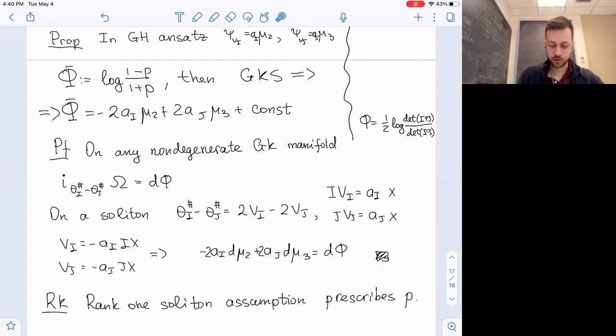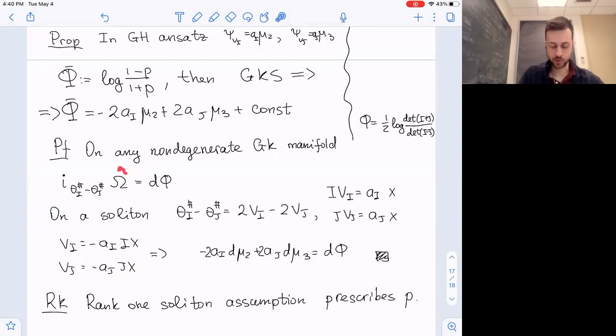On rank 1 soliton, that's our standing assumption. The IVI is proportional to x and GVJ is proportional to x. So this difference is really the difference of vector fields AI times IX and AJ times JX.